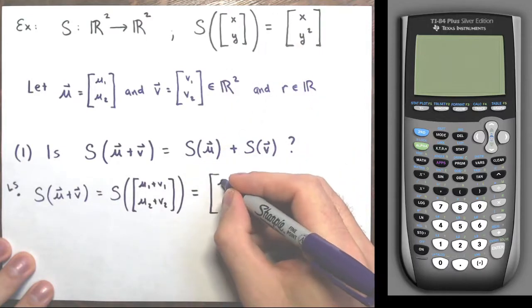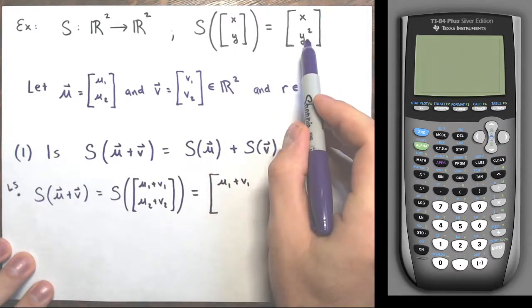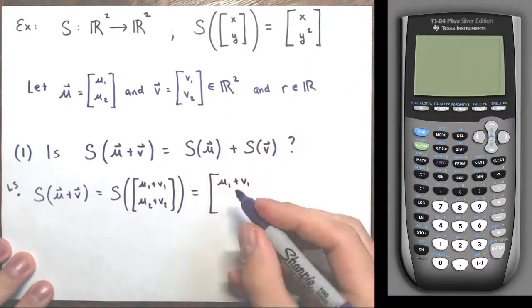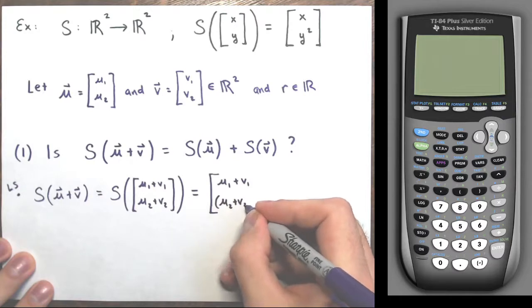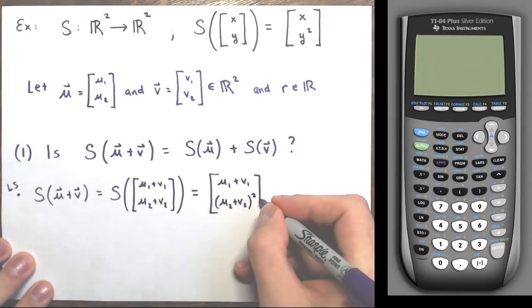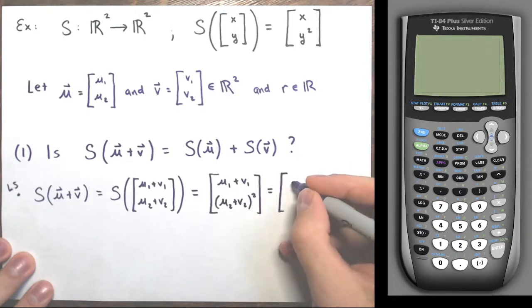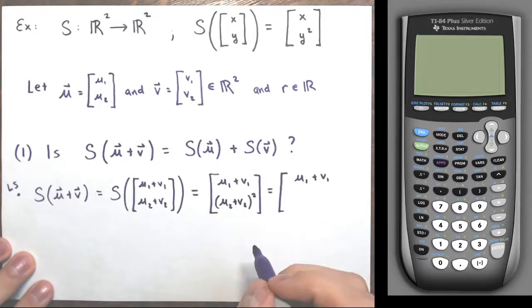So u1 plus v1. The second component in the output is the second component of the input squared. So the quantity u2 plus v2 squared. And if you'd like to multiply that out, which I will do here, that's u1 plus v1 for the first component. And then when you square something, remember, don't distribute powers.